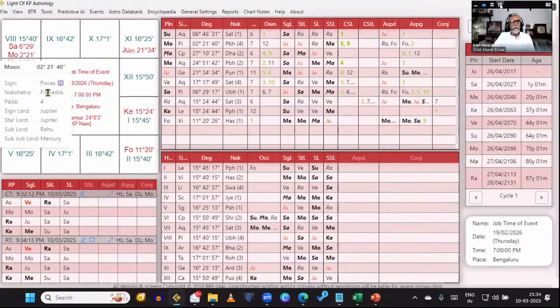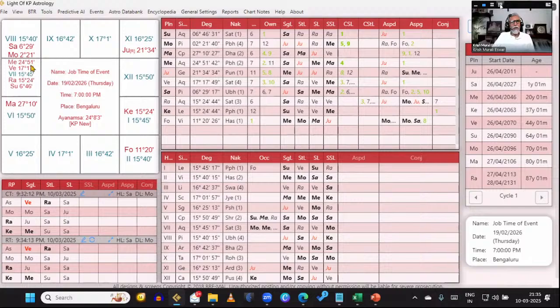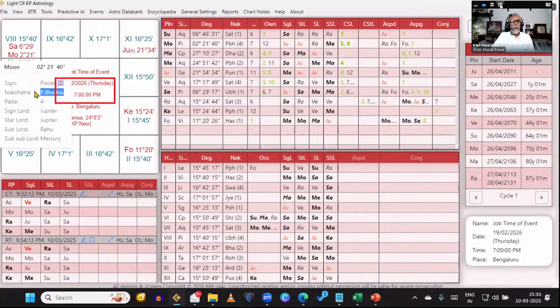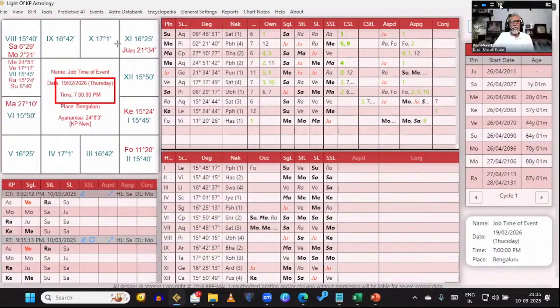Moon is in Purva Bhadrapada Nakshatra on 19th of February 2026 at 7 p.m. Who is the star lord? Jupiter. Now, is Jupiter direct on that day in the future? Retro.